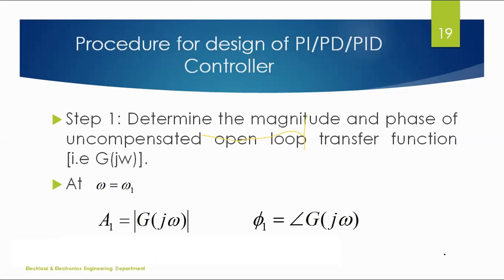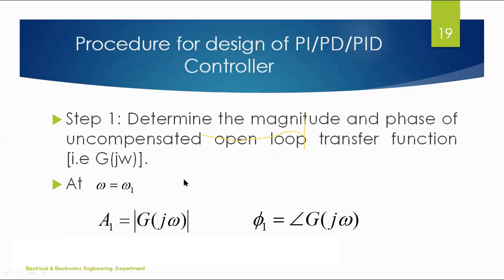So let me start. Step 1. We know the PI controller transfer function, PD controller transfer function, PID controller transfer function. Now we are going to find out the values Kp, Ki, Kd with the desired value of phase margin and gain crossover frequency.